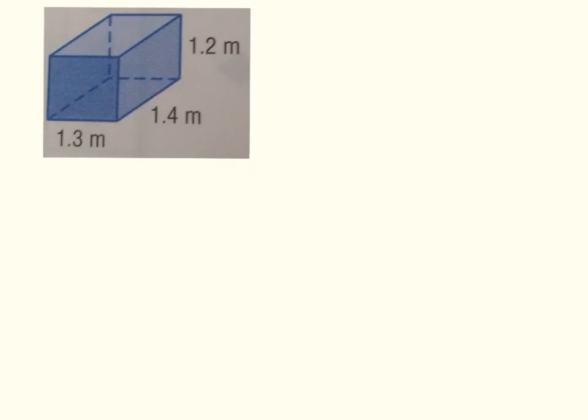Let's take a look at one more example together. So for this example, you want to find the lateral area and the surface area. So let's start by finding the lateral area, which is the perimeter times the height.